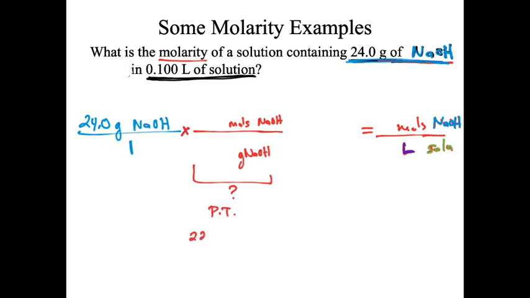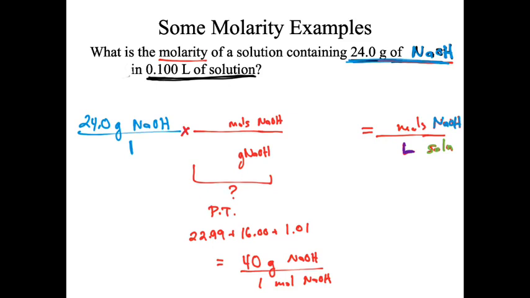Sodium was 22.99. Oxygen was 16.00. Hydrogen is 1.01. We add that all up, and what do we get? 40 grams sodium hydroxide, 1 mole of sodium hydroxide.